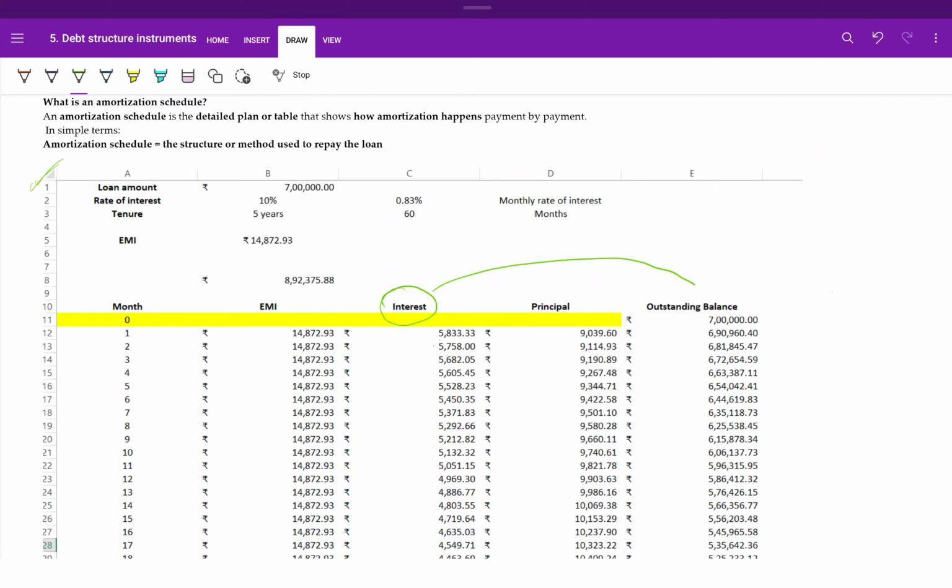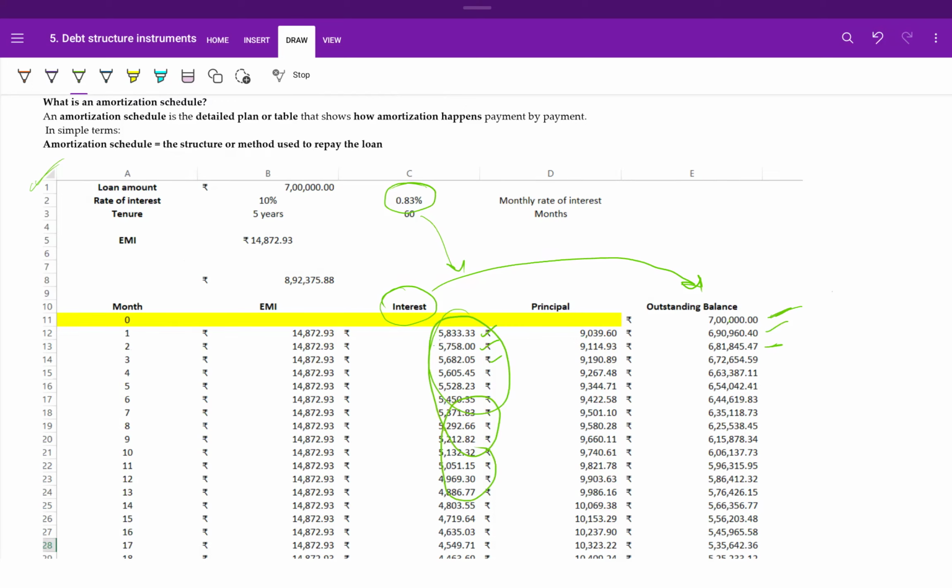You will multiply this number by the monthly interest rate, because you are paying monthly. So you multiply this number by 0.83. This will calculate your interest component. Just remember this: interest into outstanding principal. You will be able to calculate your interest payments.